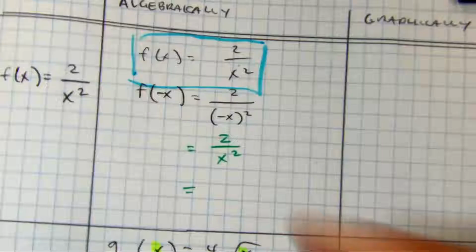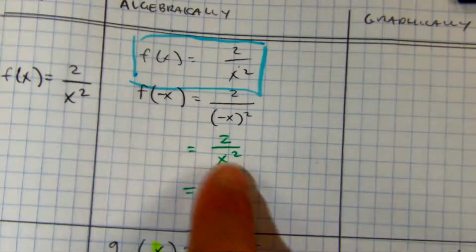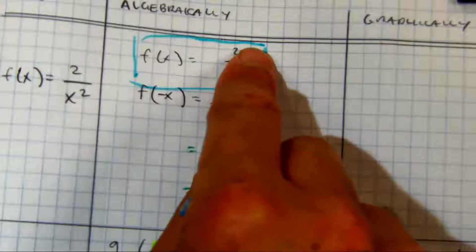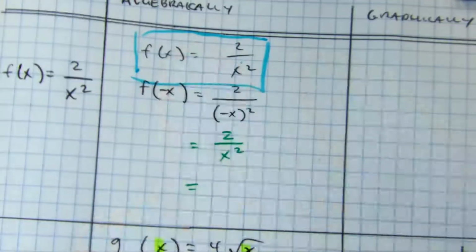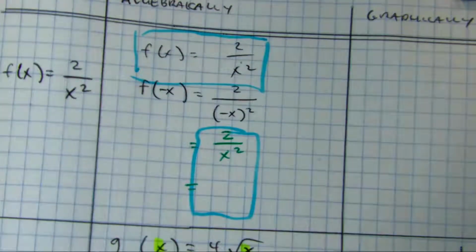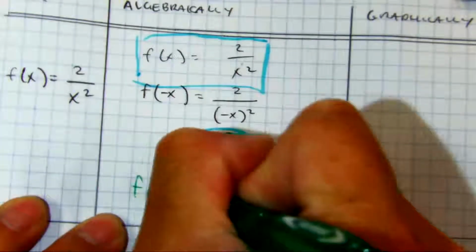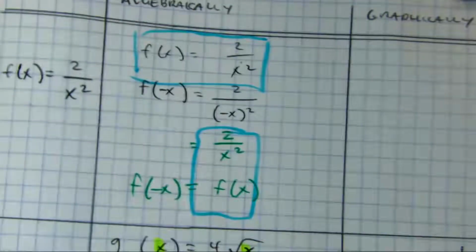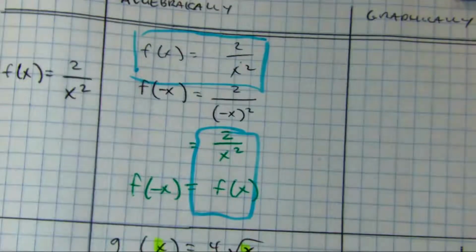Every time you see 2 over x squared, what can you write? F of x. There's my substitution. So I substitute in negative x, and we get f of x, the original. The answer is even.